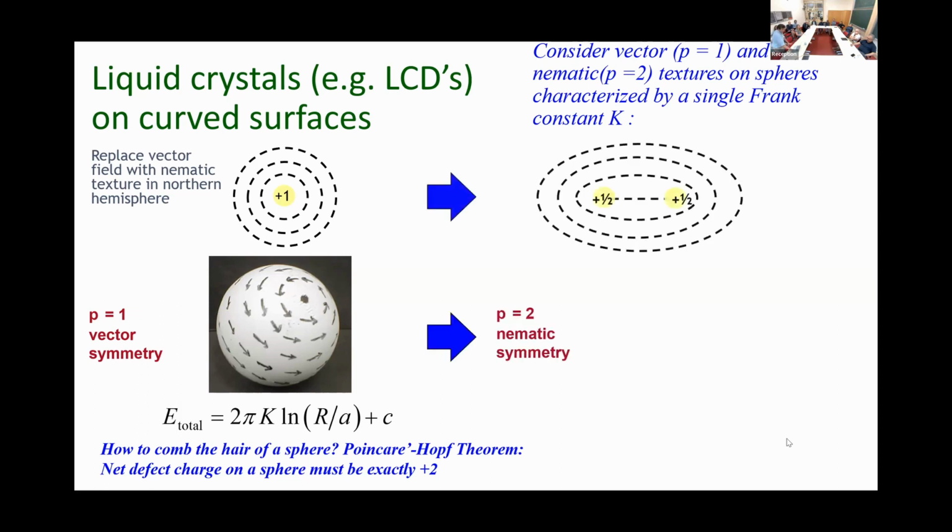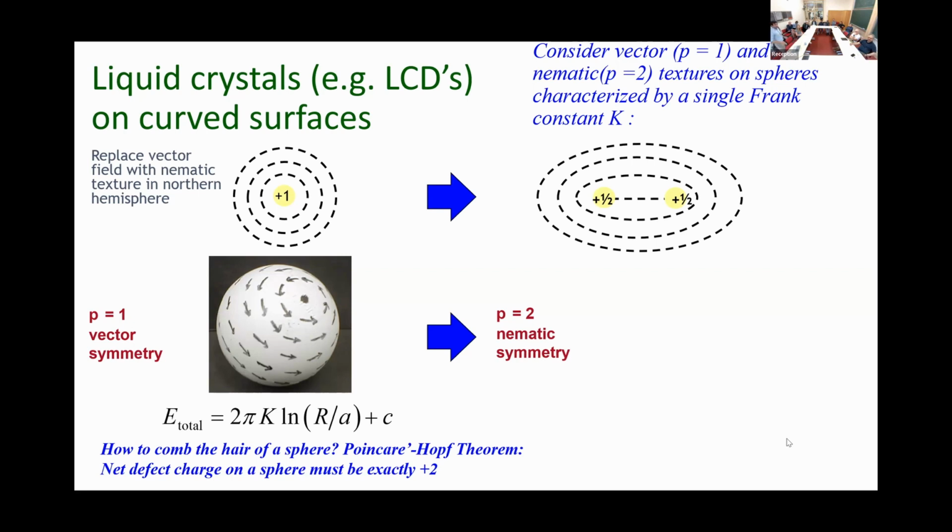Because the allowed configuration rotates by pi, the quantum of charge changes from units of 1 to units of 1/2. So this +1 is going to split into two +1/2 defects, because again these defects are charges that want to repel.